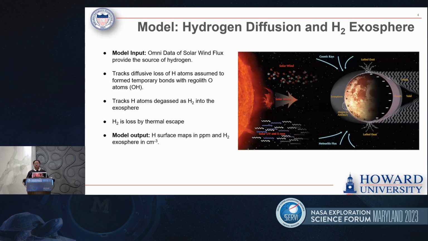And through this, we tracked the diffusion of hydrogen molecules onto the surface and the diffusion of hydrogen molecules out of the exosphere. And then as an output from the model, we collected images and models of the surface hydrogen content and of the escape of the hydroxyl molecule from the exosphere. And we're going to be looking at those in the results.